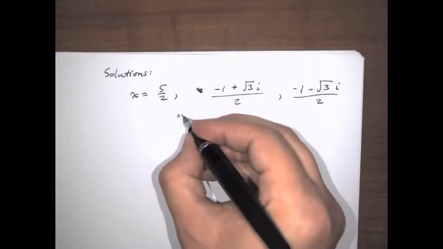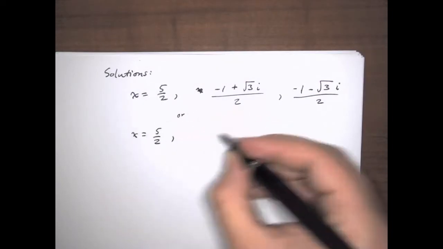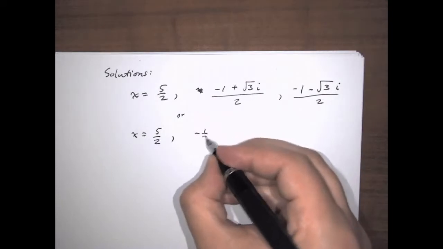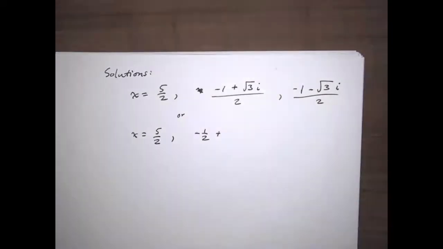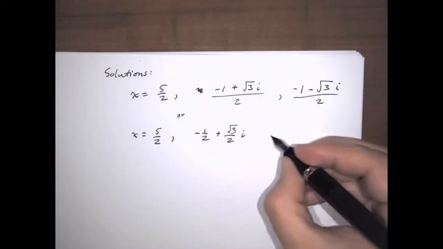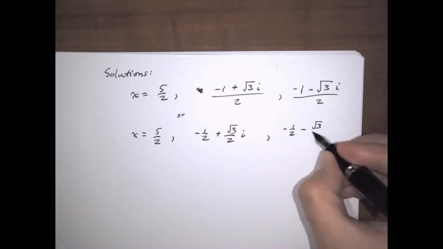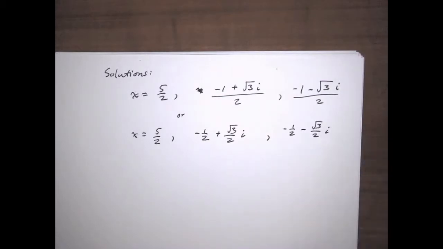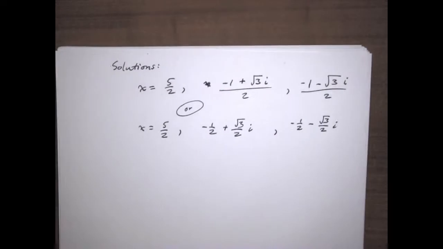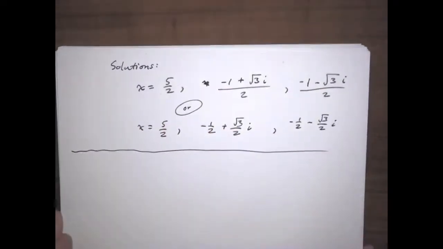A common way of rewriting this, kind of optional, would be -1/2 plus root 3 over 2 i, and -1/2 minus root 3 over 2 i, as other common ways of writing it. Not necessary, but not forbidden either.